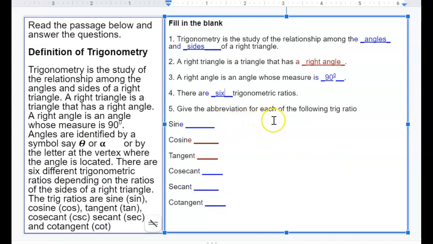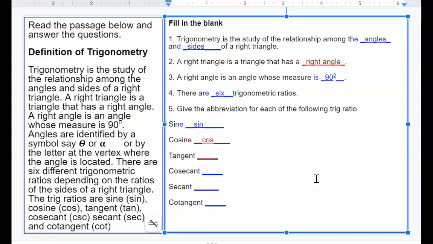Give the abbreviation for each of the following trig ratios. So we have sine is abbreviated SIN. Some people say sin, some people say sine. So I will just say sine, right? Cosine is abbreviated COS, which is cos.